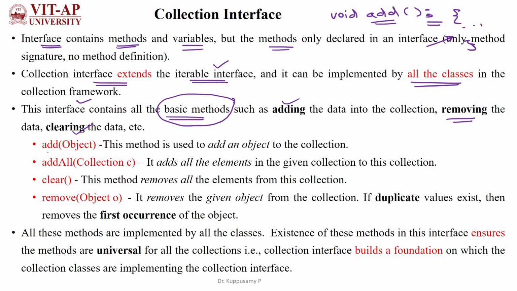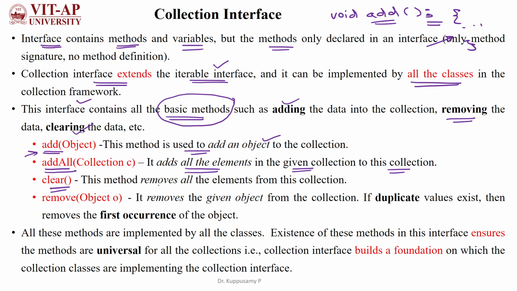For example, to add an object, we use the method add. This is a default method. This method can be used to add an object into the collection. addAll adds all the elements in the given collection to another collection.